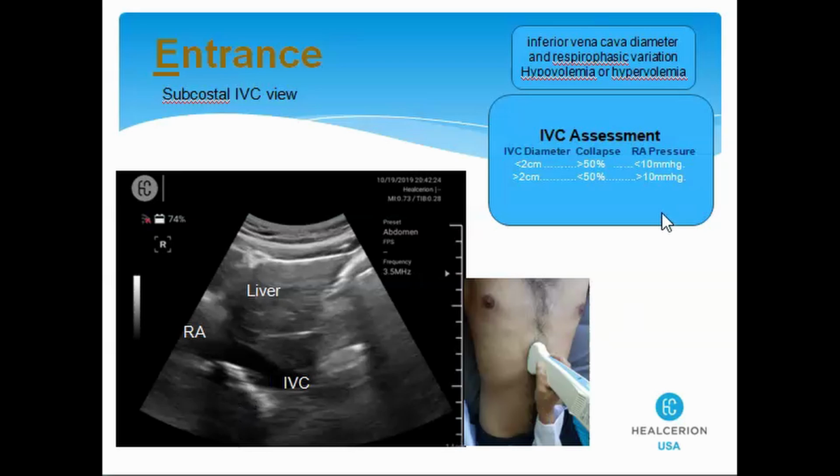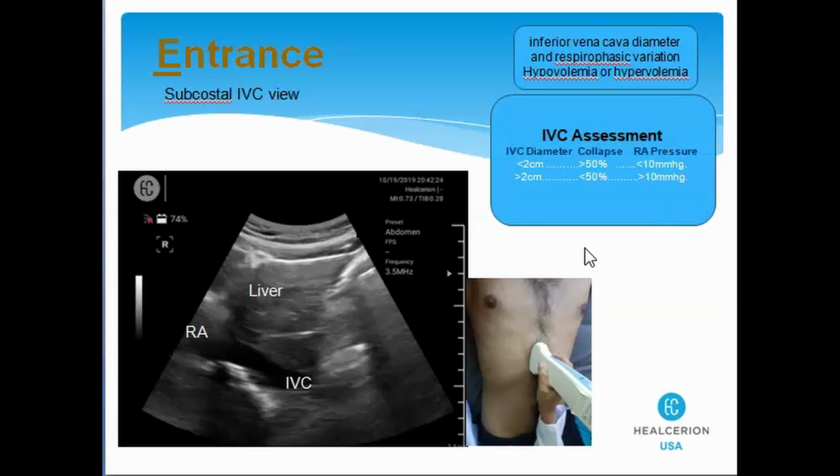Now if the collapsibility is 50% in a spontaneously breathing person, this is normal. But if the patient's IVC diameter is greater than 2 centimeters and it is not collapsing, and the collapsibility is less than 50%, this gives you an estimate that the patient has a higher central venous pressure.